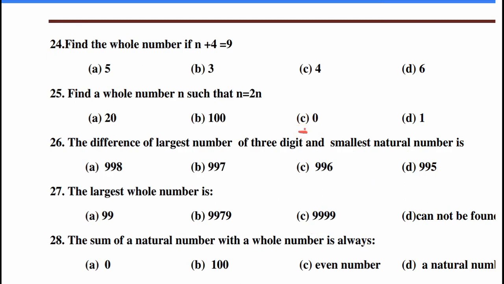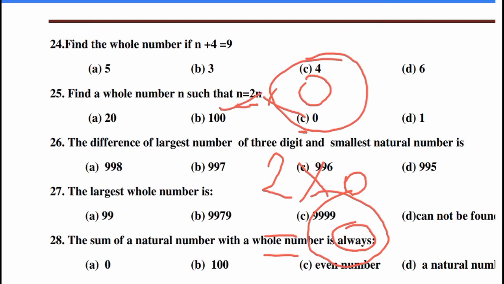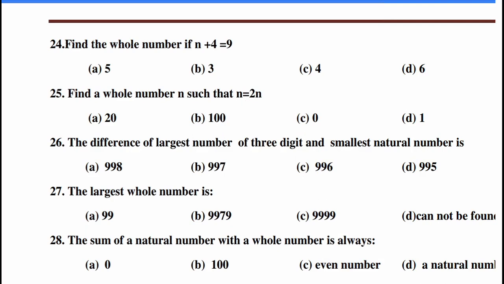Now we check for option C. n is equal to 0. And here 2 multiplied by, we take value of n 0. 2 multiplied by 0 is equal to 0. So here left hand side and right hand side both are equal for this value 0. So we can say that the answer is C, 0. Question number 26. The difference of largest number of 3-digit and smallest natural number is.